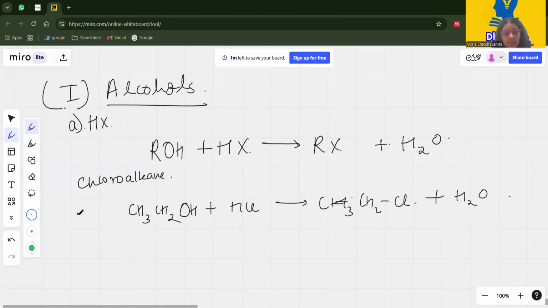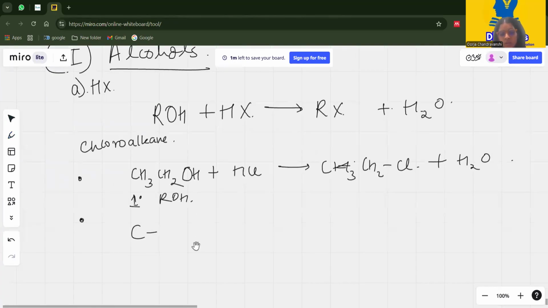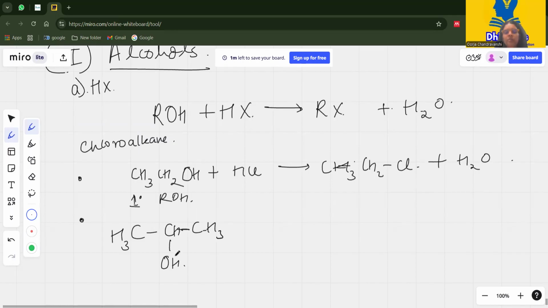Now, there's one thing to pay attention to: 1 degree and 2 degree alcohols. So what would a 2 degree alcohol look like? This would be connected to a carbon, which is connected to other carbons. So CH3, CH, and CH3. This is a 2 degree alcohol.